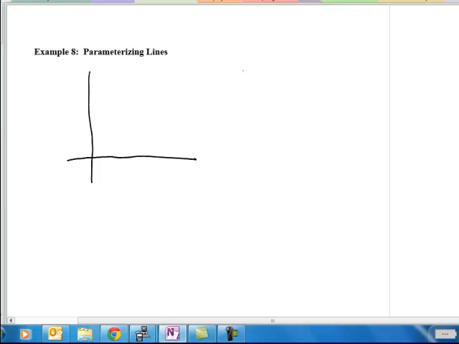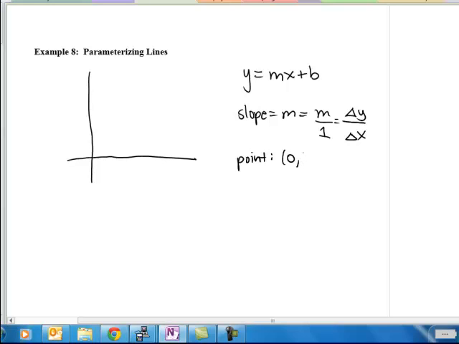If we have y equals mx plus b, and we know the slope of the line would be m, which we could think of as m over 1, the change in y over the change in x. And if we have a point on the line that we know, in this case we would know 0, b, that would be the y-intercept.